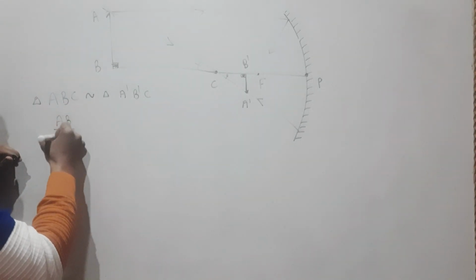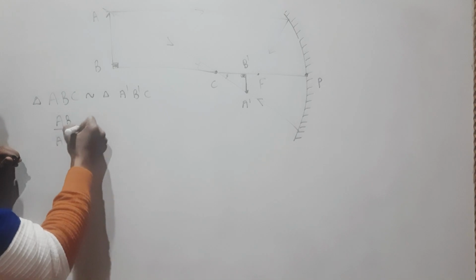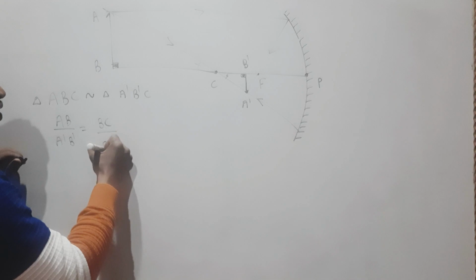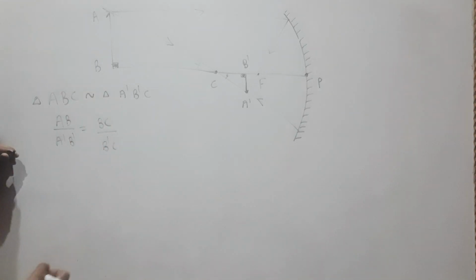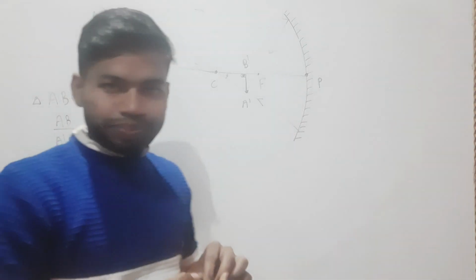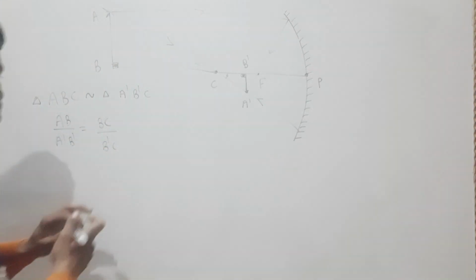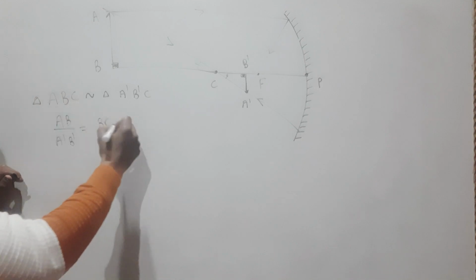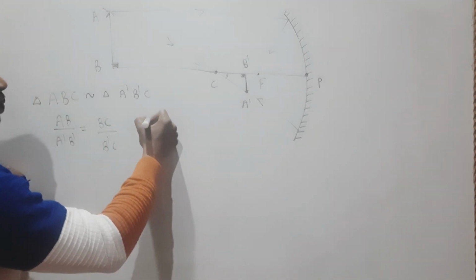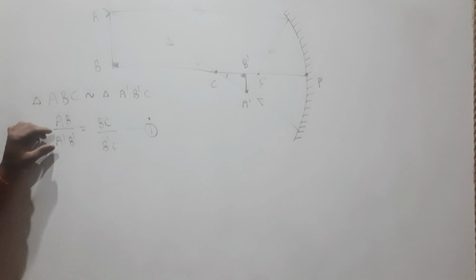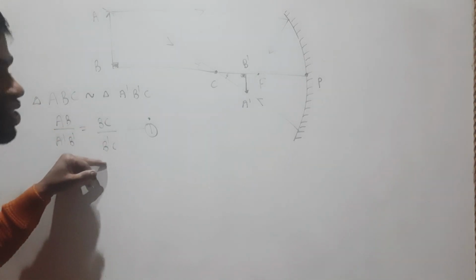AB by A dash B dash is equal to BC by B dash C, and also AC by A dash C. But there is no need for A dash C, so leave that. This is equation first: AB by A dash B dash is equal to BC by B dash C.